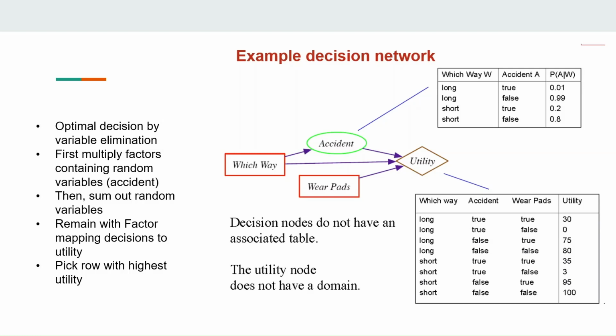It's included in the slides, if you want to get the complete picture. But essentially, we can compute this factor here, right? And the next step in variable elimination is we just sum out all the random variables. And then we're left with our policy, where we can see what is the best decision to make.